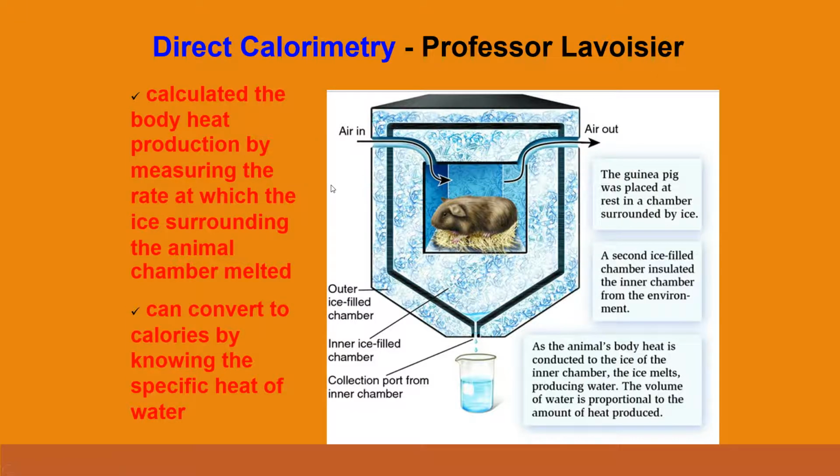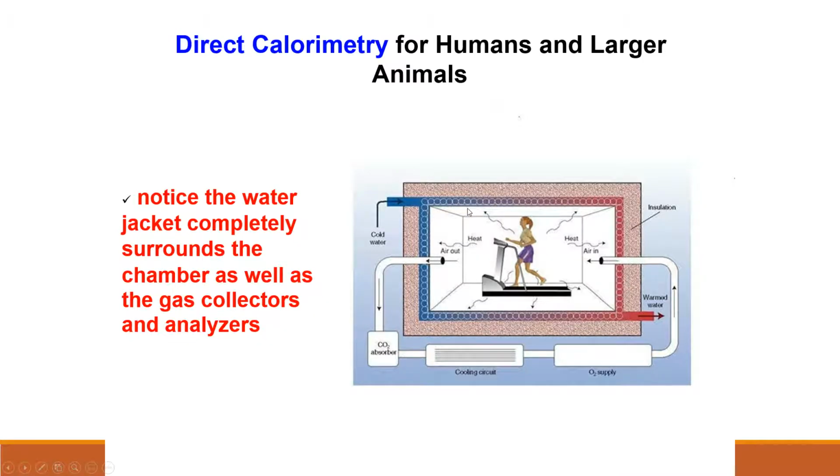We talked about how Lavoisier put a hamster into an ice chamber and measured how much heat was released by the hamster by measuring how much of the ice that he enclosed him in melted. From that measurement, he was able to determine how much heat was in the hamster. It's kind of a scary thing to think about, but they do this with people as well.